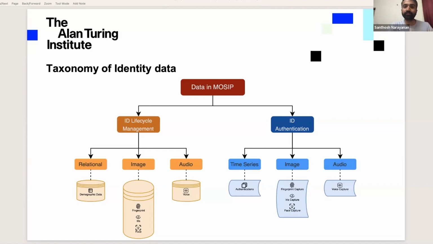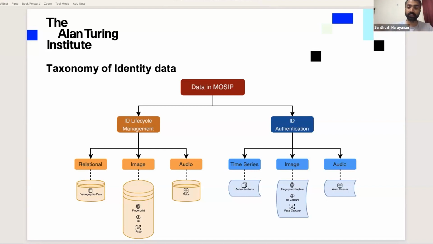Now, this is quite different from the data that is captured in the authentication phase. So for example, the bread and butter data that is collected in an ID system are authentication requests. So this is a form of time series data. So here, there are a number of interesting use cases, for example, detecting fraud or any kind of anomalous transactions or authentications.